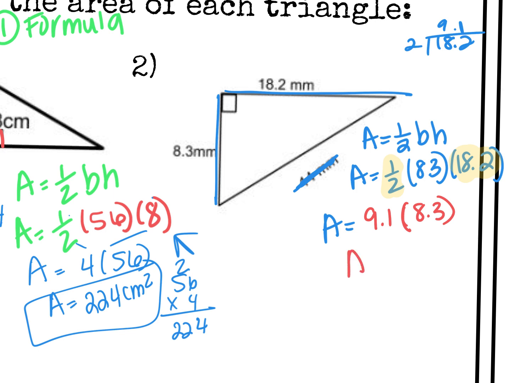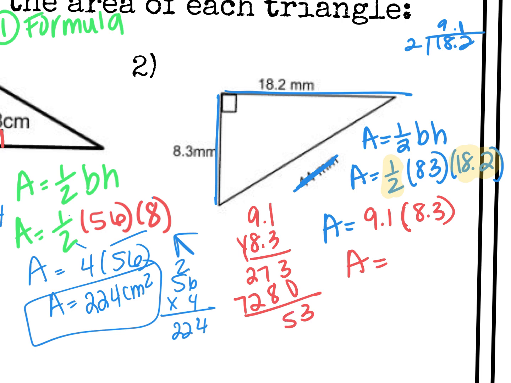And then all that's left is just multiplication. 3, that's 27, placeholder 8, 72, 3, that's 14, 15, that's 5. And that is millimeters squared. So that is your answer.